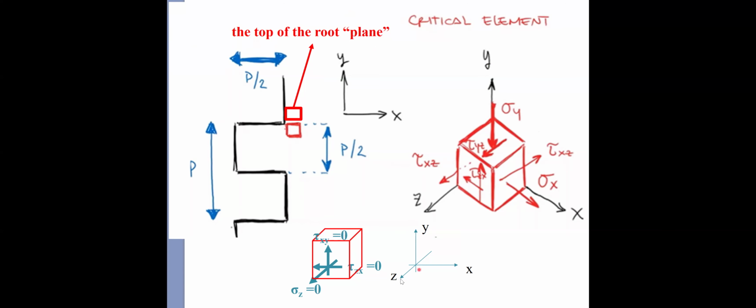If this is the z direction, this z direction should be perpendicular to this surface. You can imagine that if we have a shaft like this and a small element, the z direction is perpendicular to the surface.